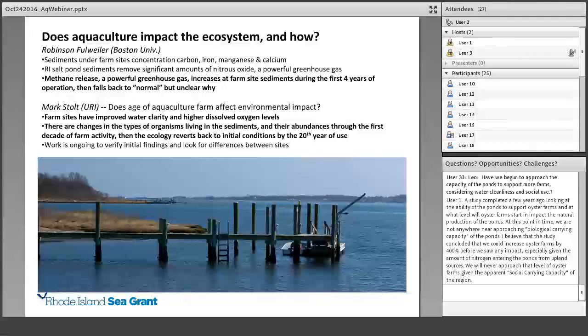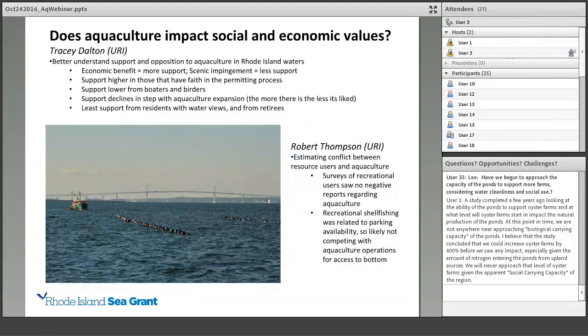Interestingly enough, she's finding that there is an initial change in the sediments where nitrogen is taken up and then is actually released at a higher rate than in non-farm sites. But after a couple of years, those go back to normal. Mark Stolt here at URI is also looking at impacts in the sediments and is finding that those things, again, are on a cycle. They have some short-term impact and then are gone.